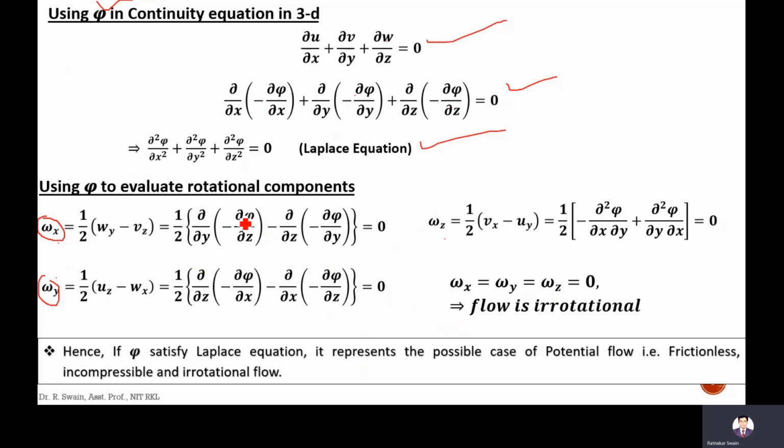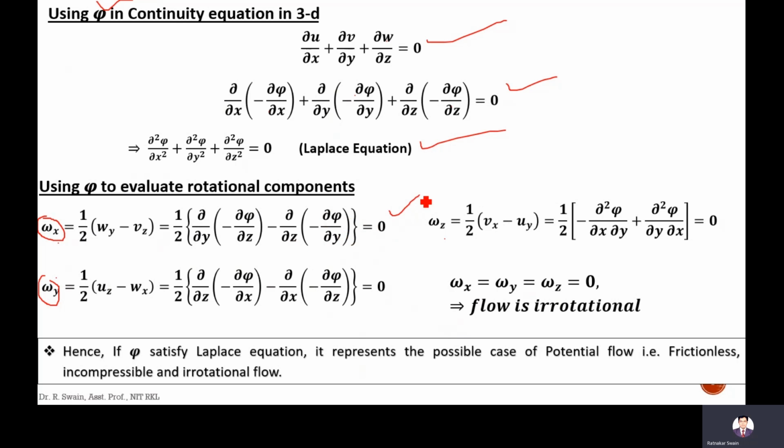If you write the expression in terms of phi, it will give half of del by del y of minus del phi by del z minus del by del z of minus del phi by del y. So it will give minus del square phi by del y del z plus del square phi by del y del z.